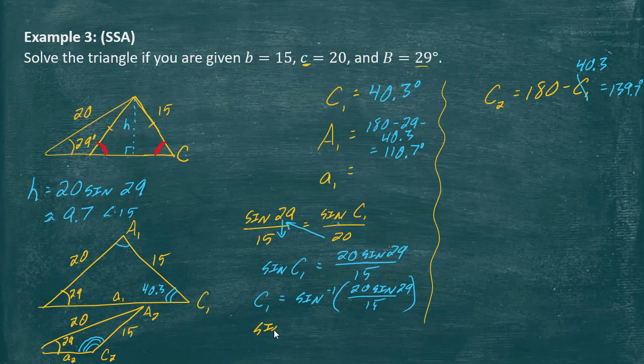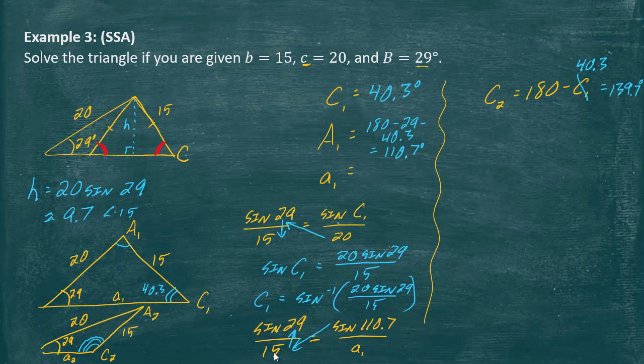Which now should let me set up that same general ratio. I'd have sine of 29 over 15 being equal to sine of the 110.7 over that first A side that I would solve for. So just like we did on the last couple of examples, do a cross product and divide.